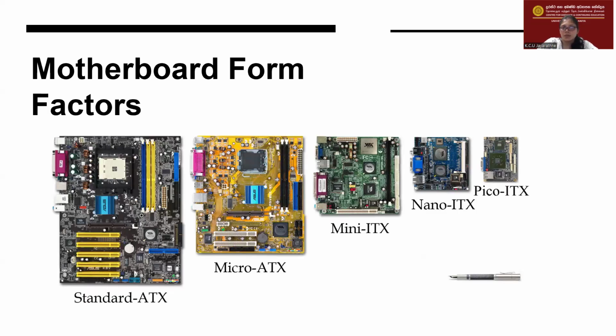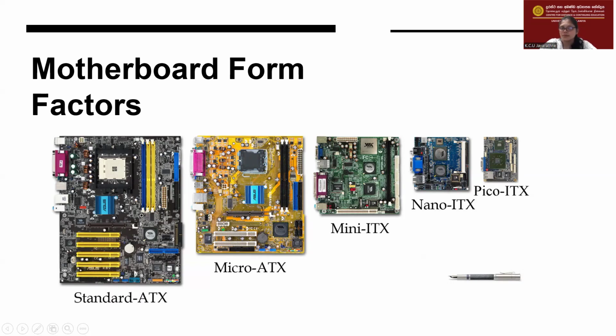There are also different motherboard forms. In this picture you can see five different motherboards. The first one is standard ATX, the second is micro ATX, the third is mini ITX, the fourth is nano ITX, and the last is pico ITX.